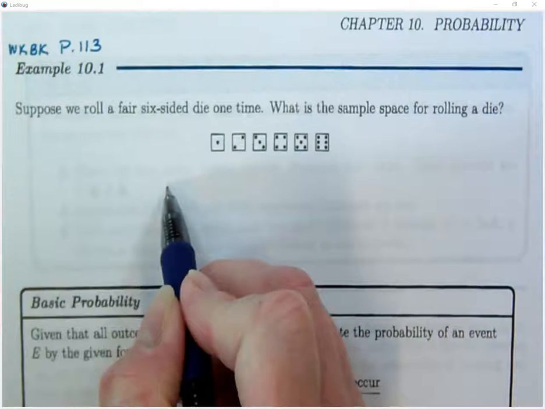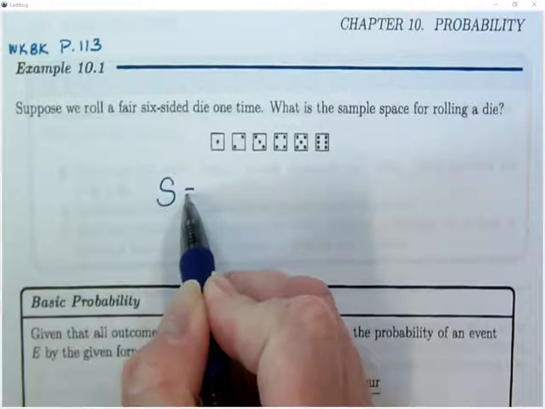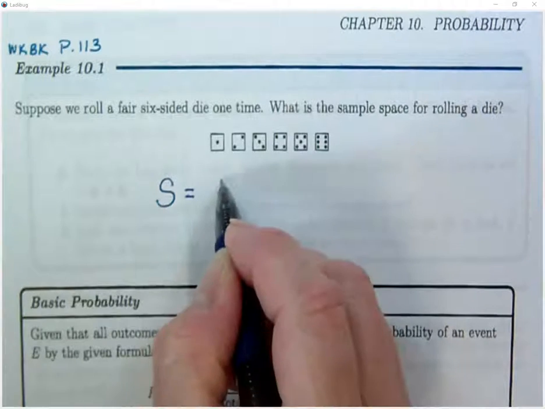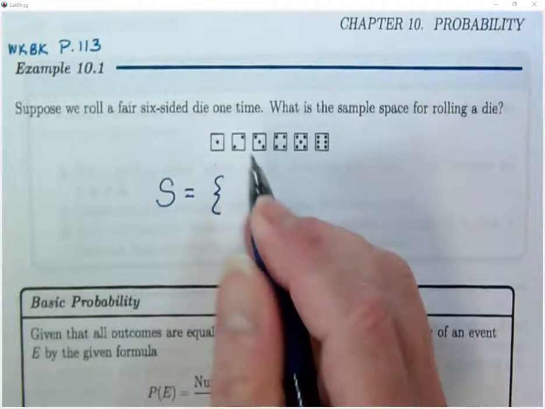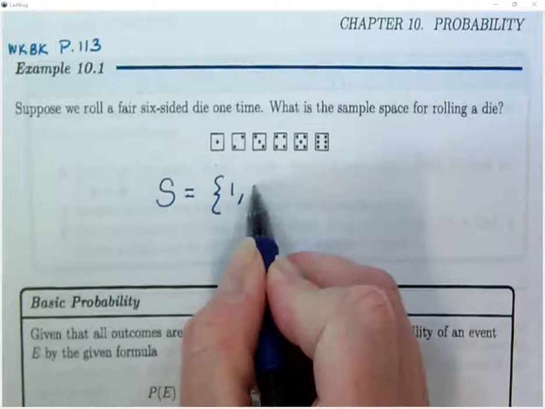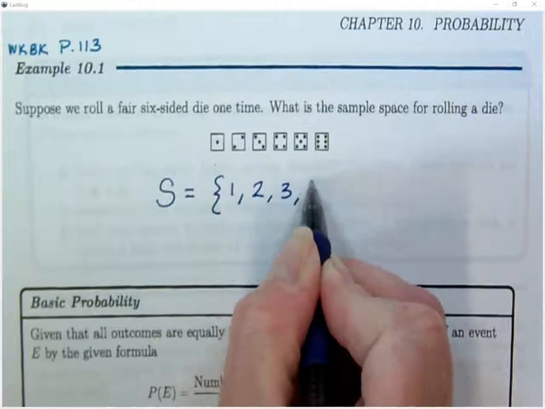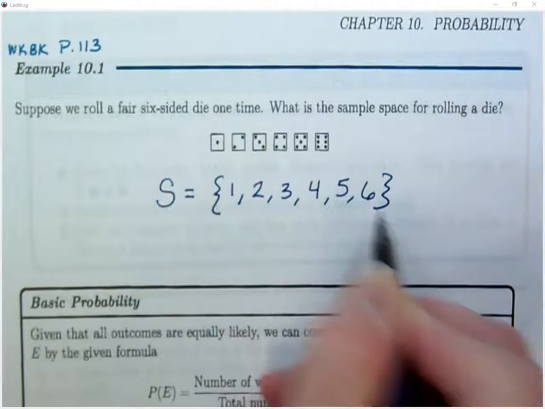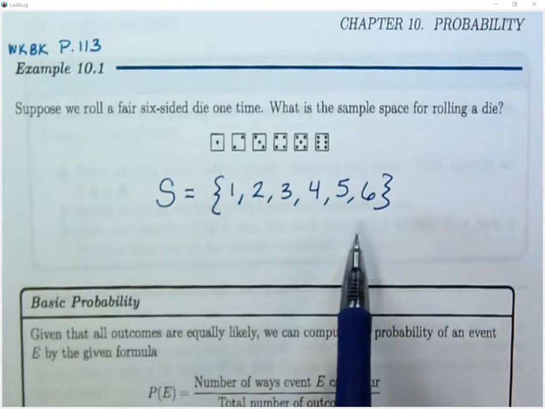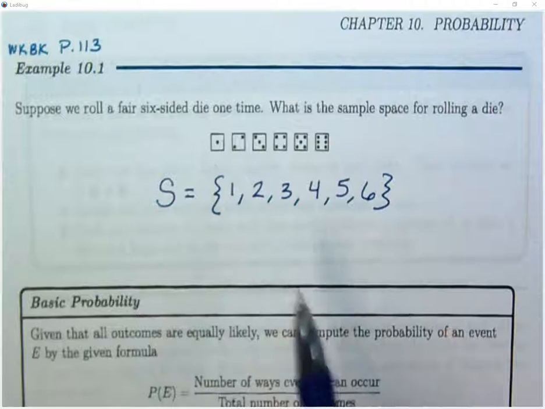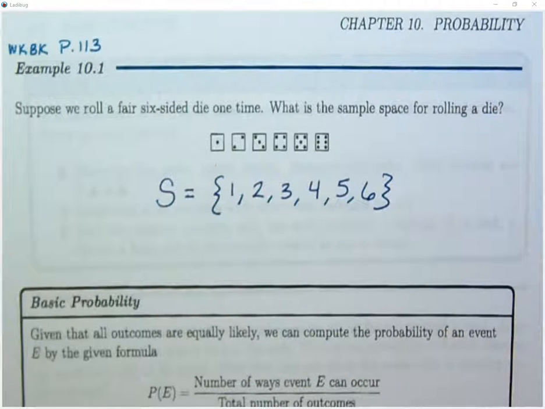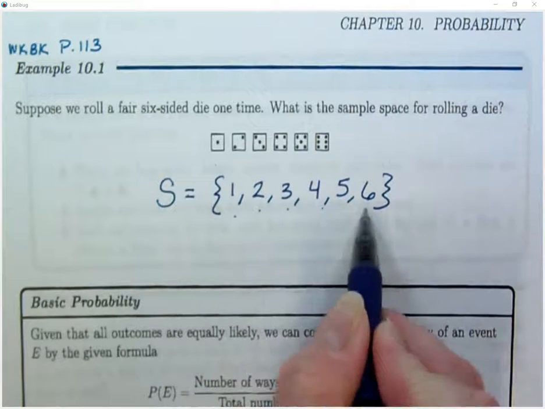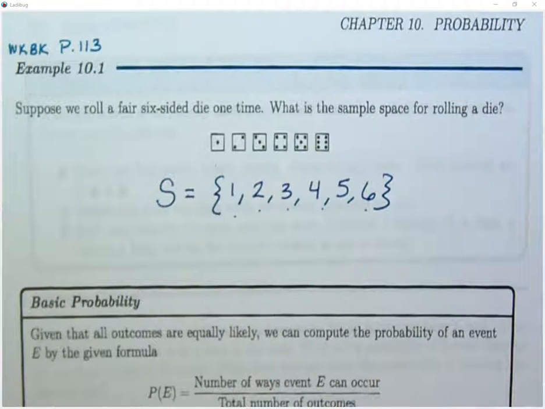But how we would write that, we could write a capital S for our sample space, and then we're going to use our set notation with the braces, and it would be the set of 1, 2, 3, 4, 5, and 6. So that's how we would list it out as a set. So sometimes words or descriptors as well. But if we want to see each individual item, we would write it that way.